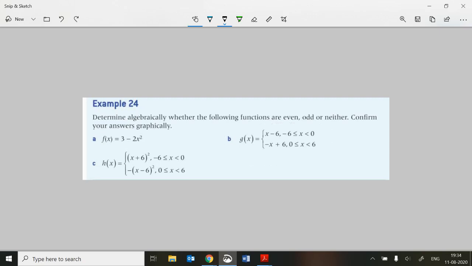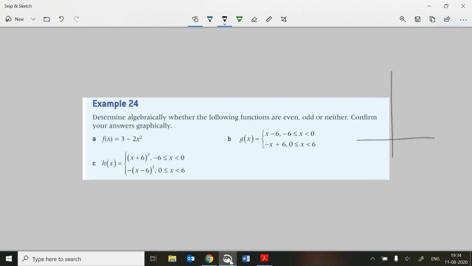Okay, so part B, let's have a look at this one. I think I'm going to start with the sketch. In this case, from 0 to 6, we've got minus x plus 6. If I go to plus 6 here, and we've got minus x, so it's decreasing down until I hit 6 there. And then x minus 6 for this part is going to be, oh, not really got enough room for this one.